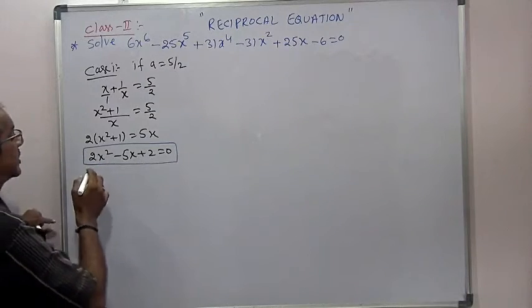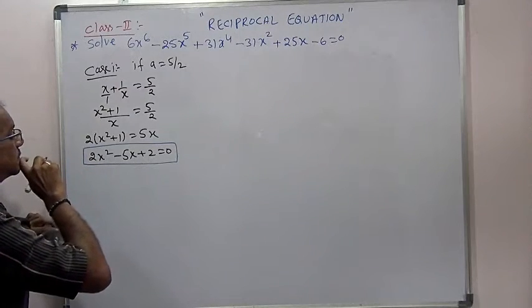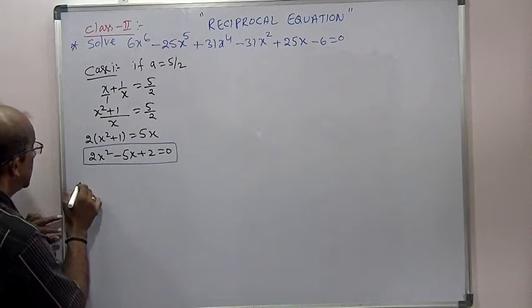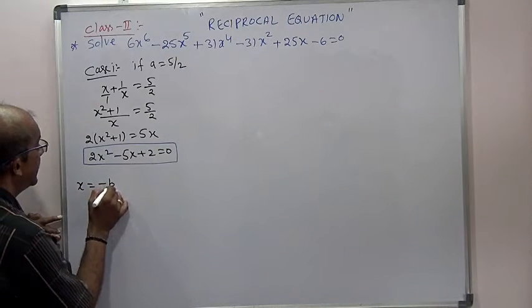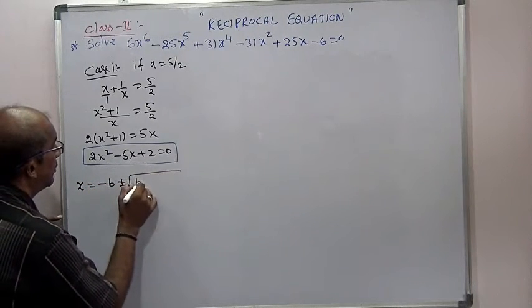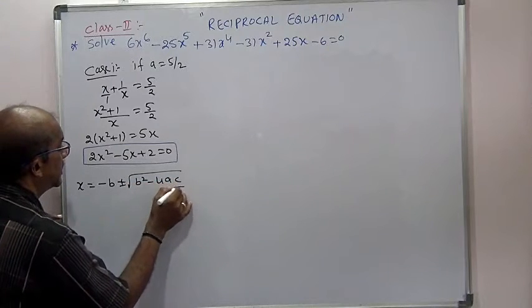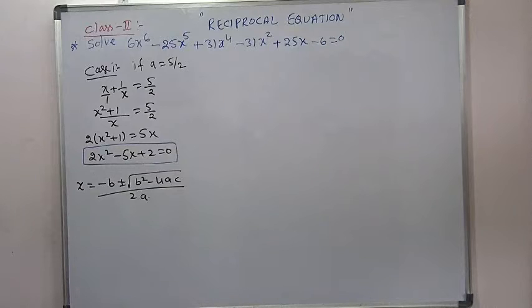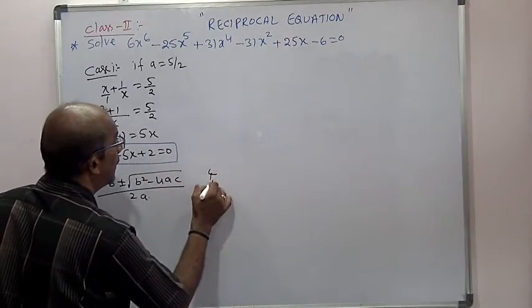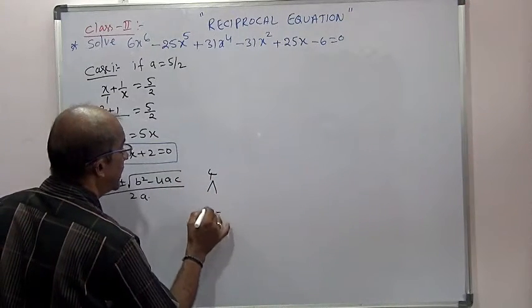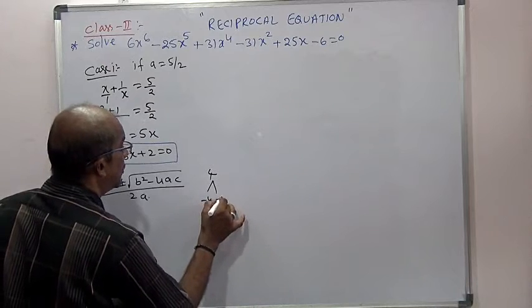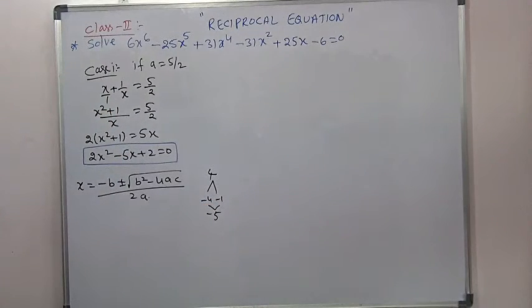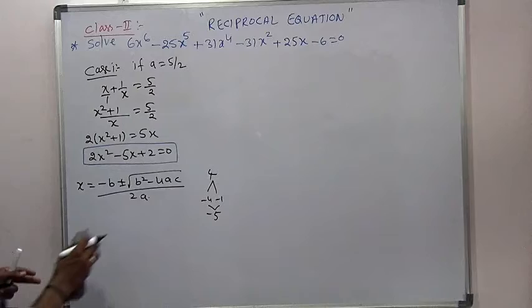In this quadratic equation, x is equal to minus b plus or minus square root of b square minus 4ac by 2a, or using the factors: 2 2 is 4, the middle term is minus 5, so minus 4 and minus 1. Using this formula, we can get the answer.